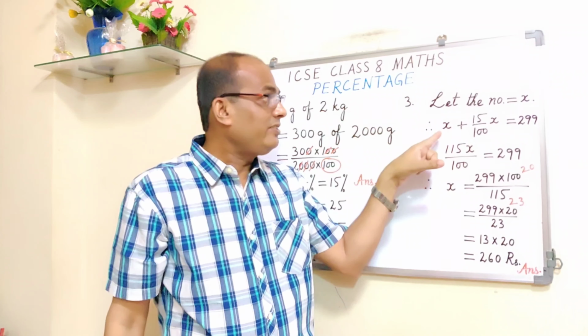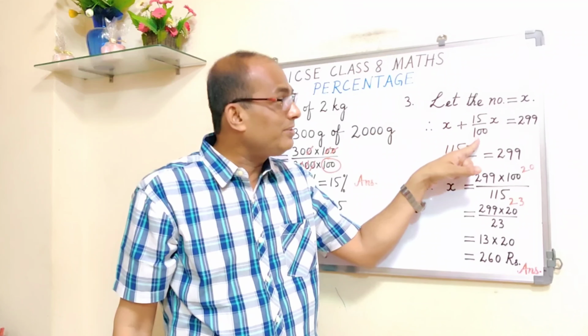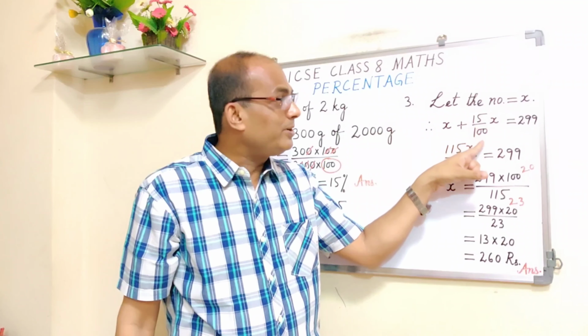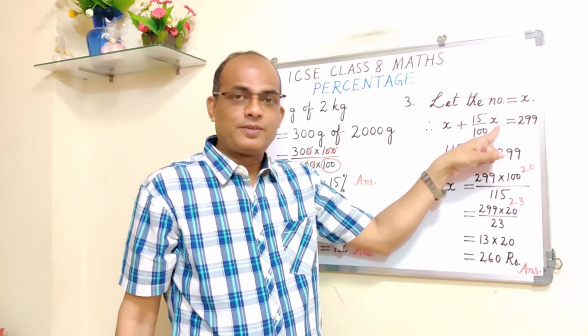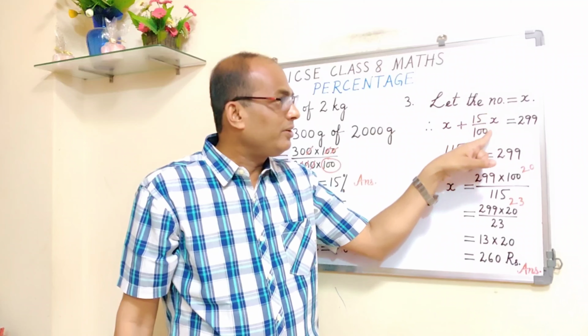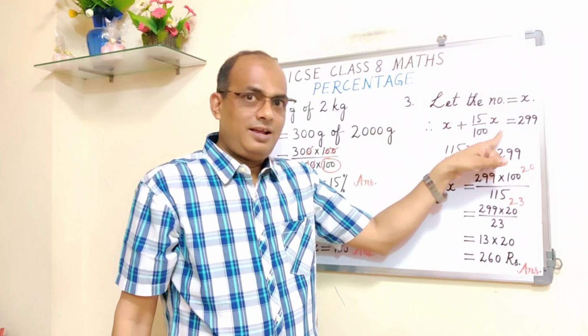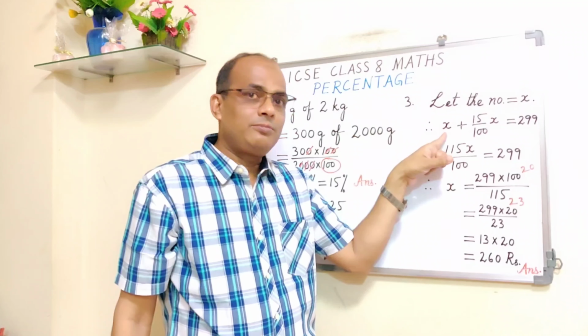Now according to the question, the number is x and it is increased by 15%. 15% of the number, this is the increment. So 15% of x, this much is the increase. And this is the original number.